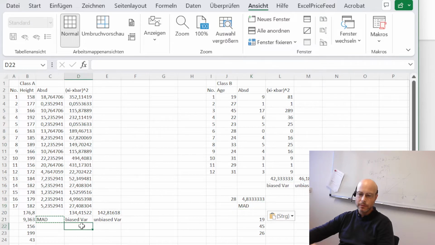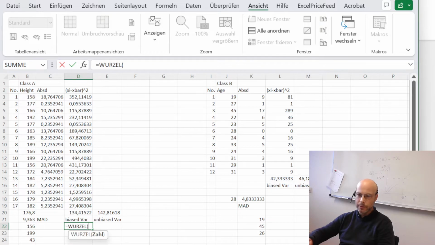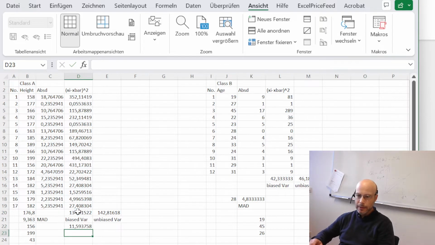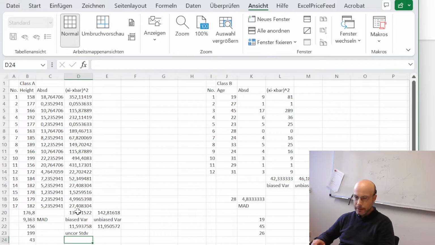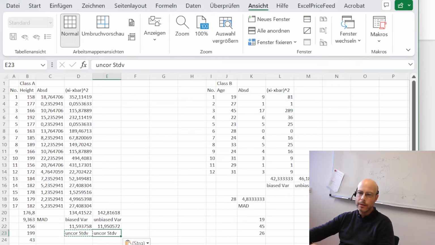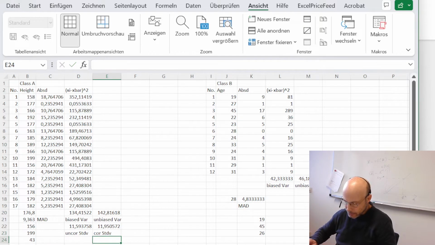So just taking the root of these two numbers, this one and this one. So this is the uncorrected standard deviation, and this is the corrected standard deviation.